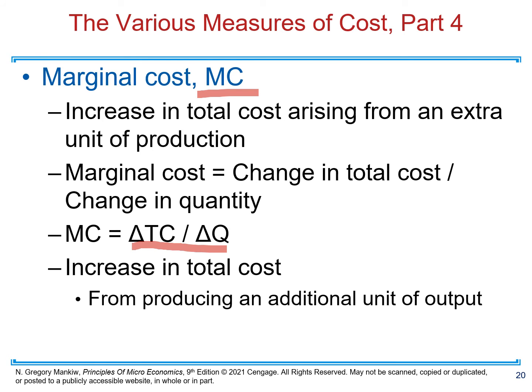If we make one extra unit in the table, remember how much extra it costs. That's called marginal cost, and it increases from producing an additional unit of output.